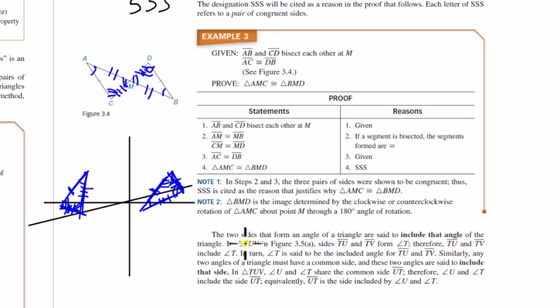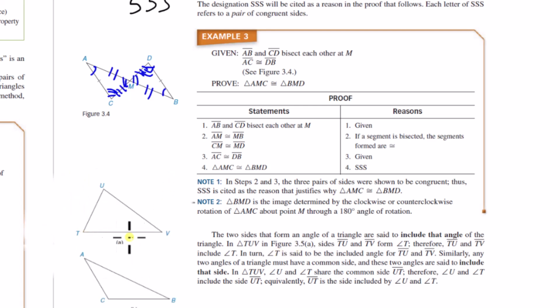So it says that the two sides that form an angle of a triangle are said to include that angle of the triangle. So in triangle TUV, on the next page. Let me bring that in here. Okay, there's triangle TUV. Sides TU and TV form angle T, right?